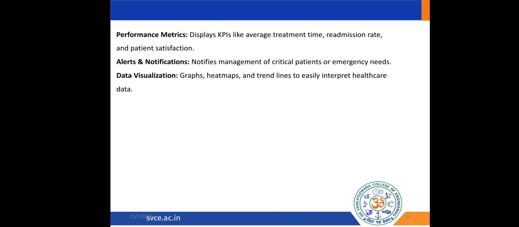So heat maps are a powerful data visualization tool that we can use in hospital management, used to transform complex data into intuitive color-coded displays that help identify patterns, bottlenecks and areas for optimization.